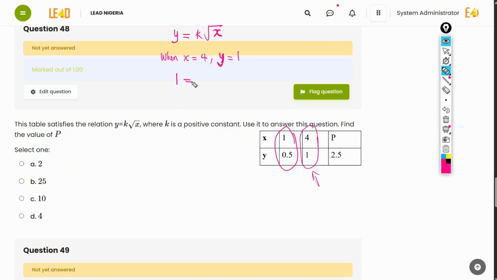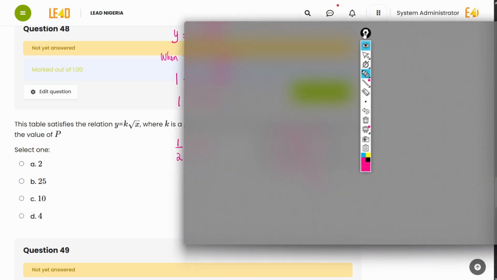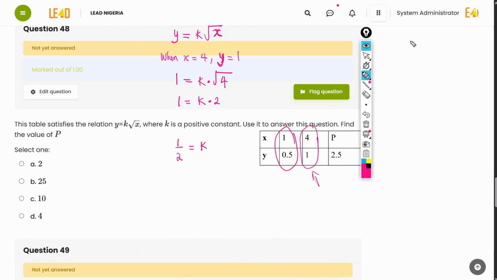I'll say 1 is equal to k times the square root of 4, right? That means that 1 is equal to k times 2, which means that if I divide both sides by 2, k is half. So that means that the actual relationship here is y is equal to half square root of x.